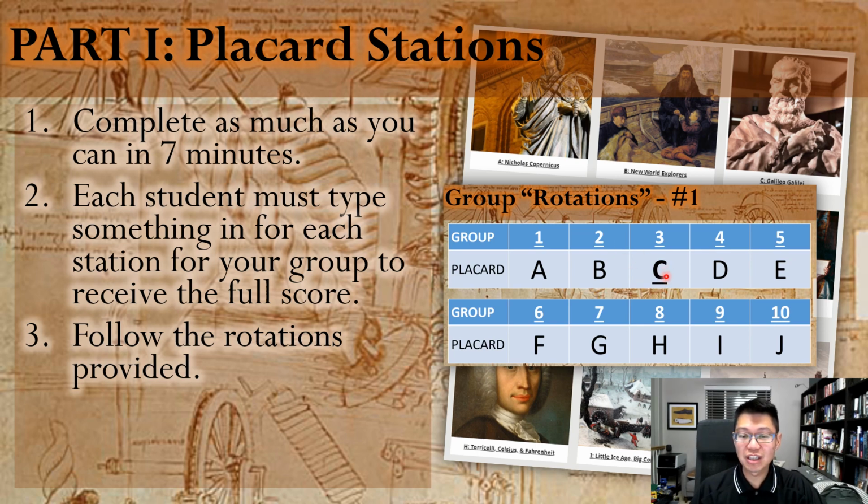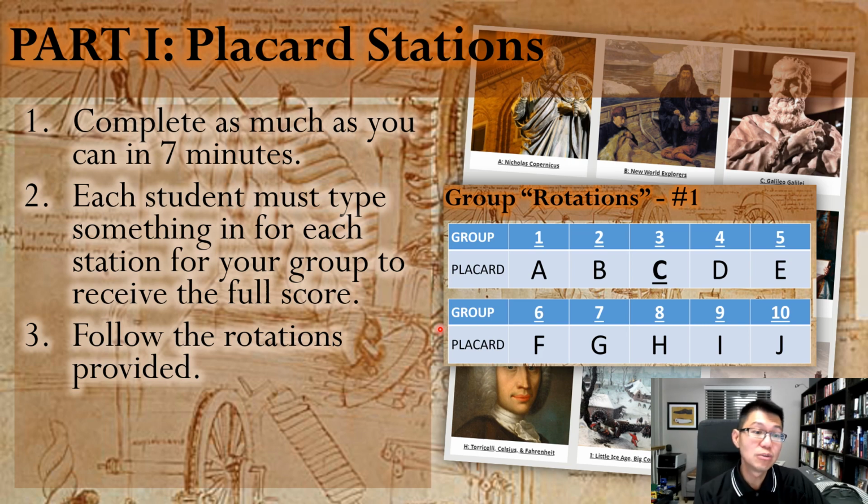After the first 7 minutes is done, C is going to rotate over to D. So you're just going to go in alphabetical order every 7 minutes. You start with C, then D, E, F, G, H, I, and you get to J. J comes back to A and B. Okay, so you should be able to get as many of these done as the period allows. So follow the rotations that are provided.